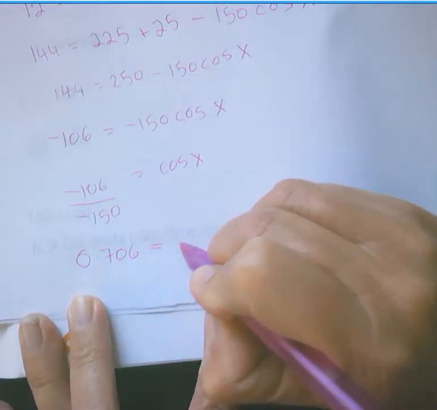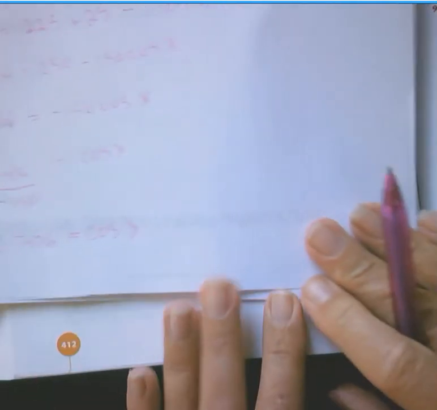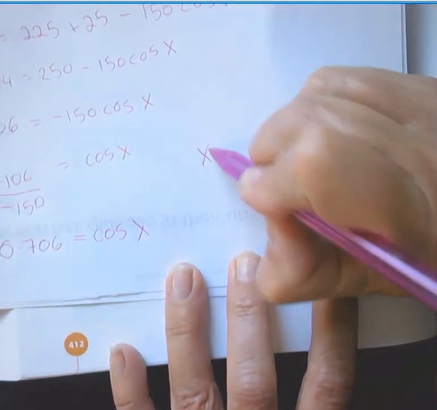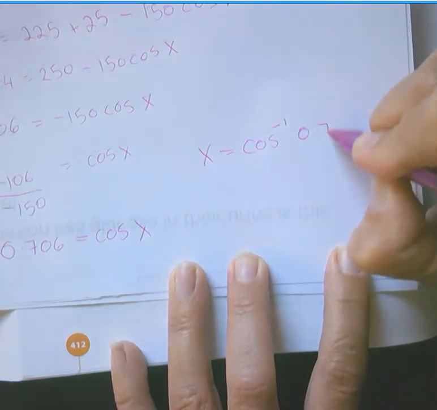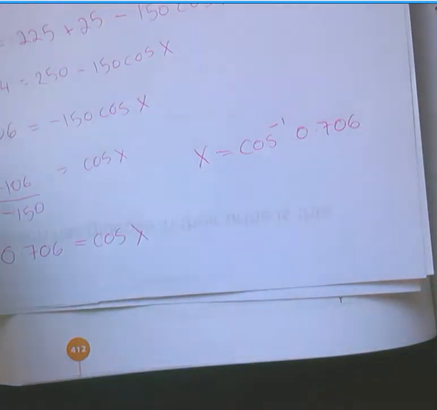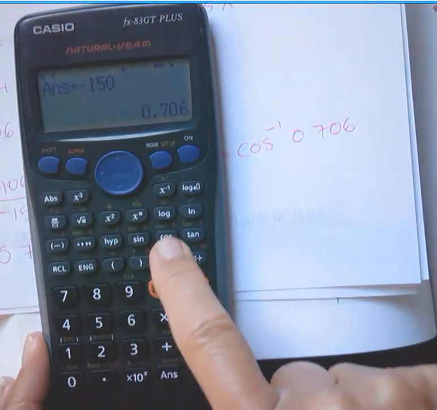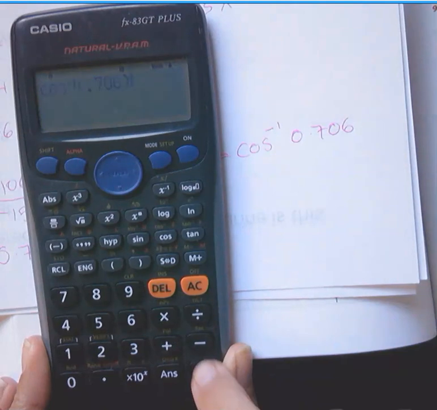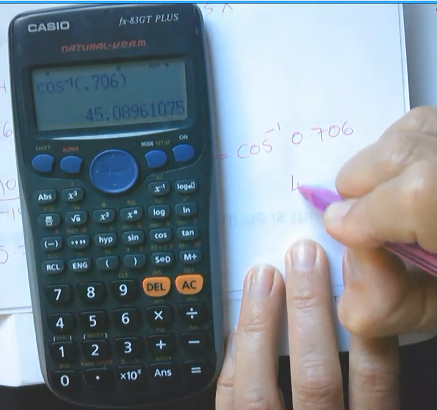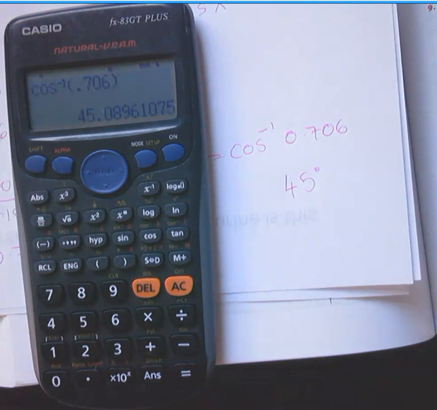So 0.706 is your cos x. If you want the x on its own, x is equal to the cos inverse of 0.706. Check your calculator is in degrees and then get the inverse cos of 0.706, and that is 45 degrees. A few little steps, it's quite long, but it's the last step you take in trigonometry.